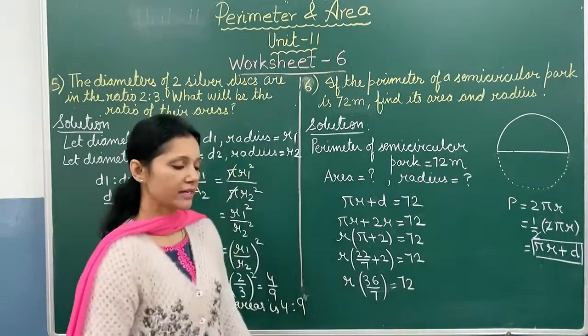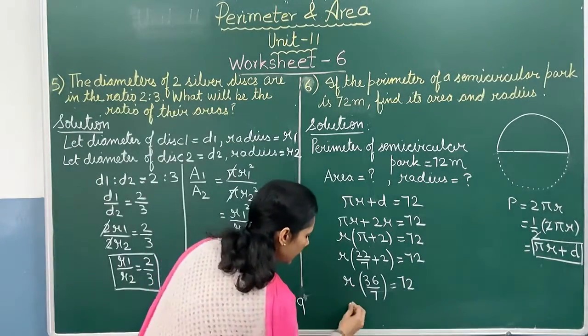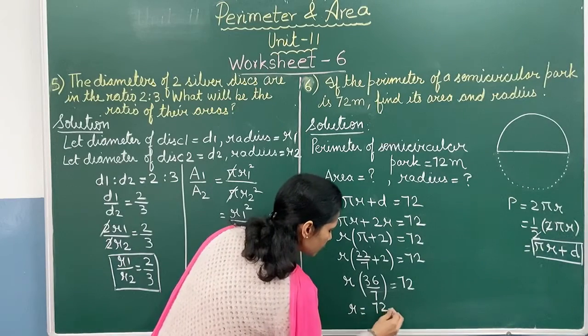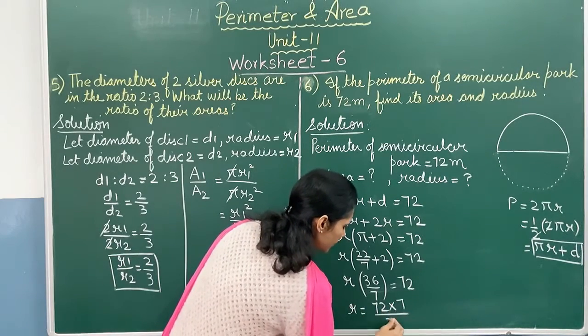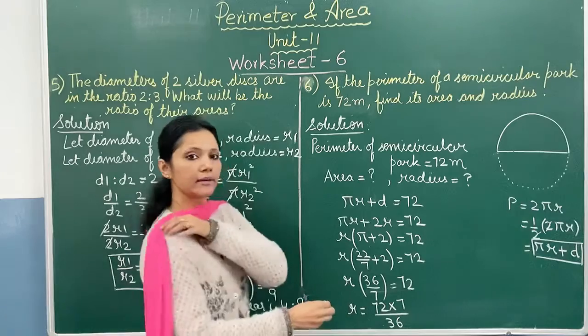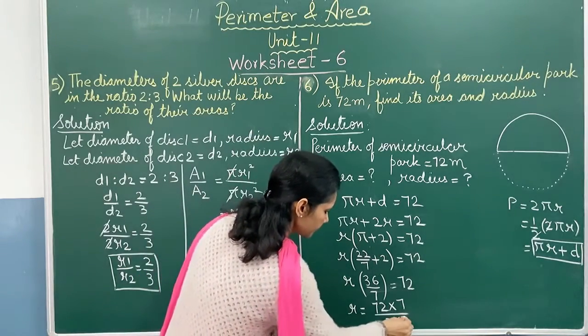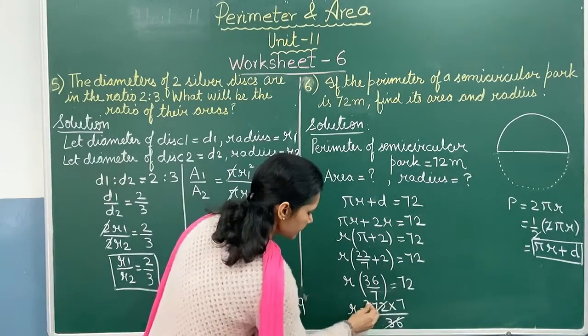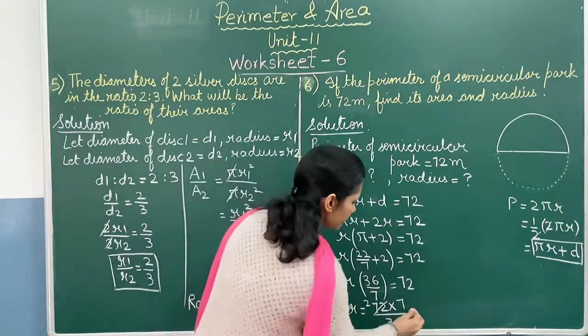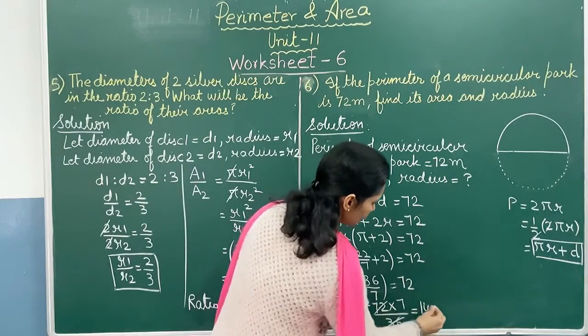So from here we can find out the value of r. r would be equal to 72 multiplied by 7 upon 36. Now let's do the cutting. 36 2s are 72, so 2 7s are 14 meters.